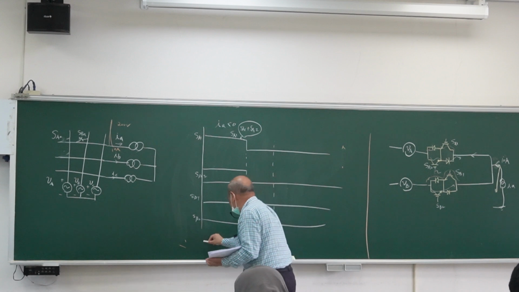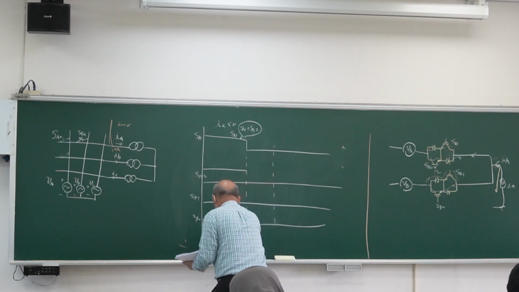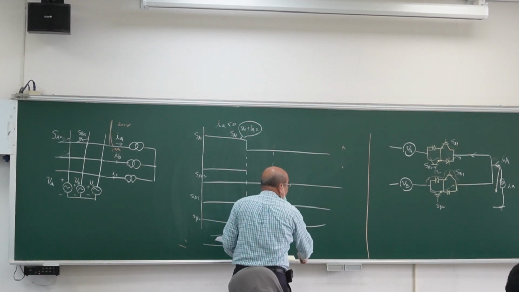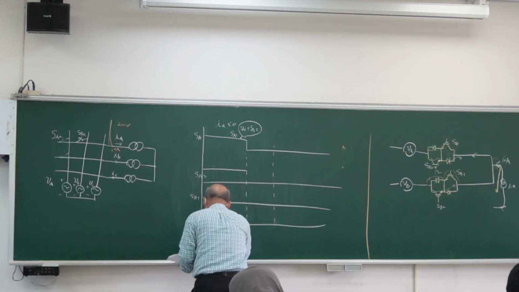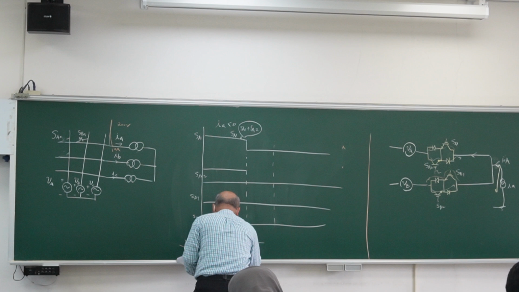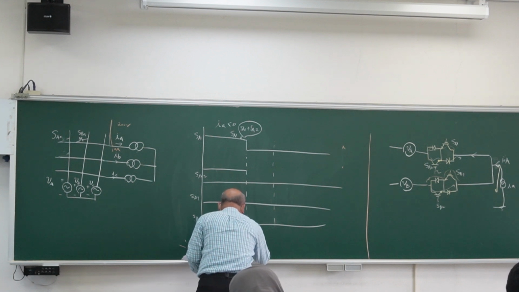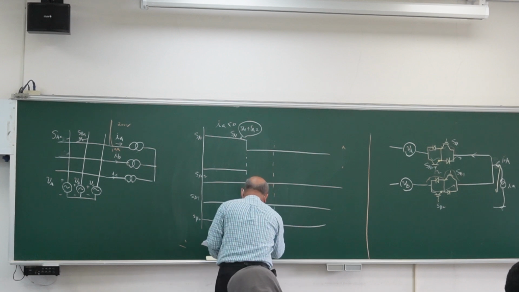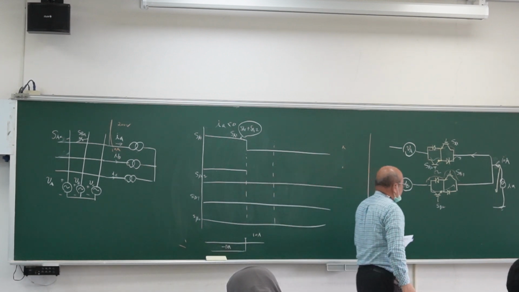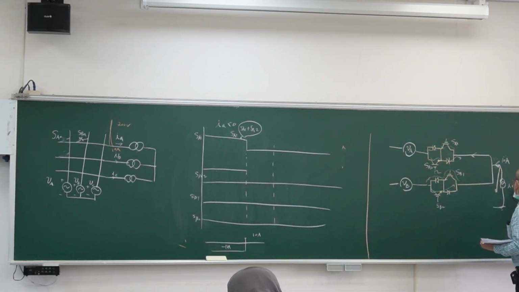Before that, the current is negative. At the first step, the current is negative. So the current is minus 10 ampere. But now the current change to positive, change to 10 ampere.